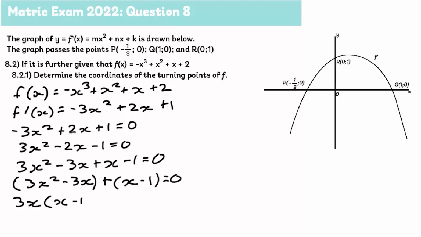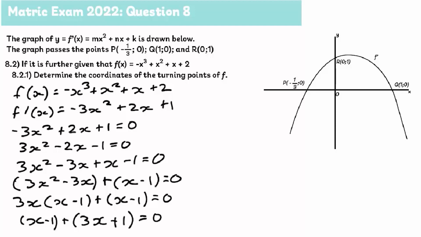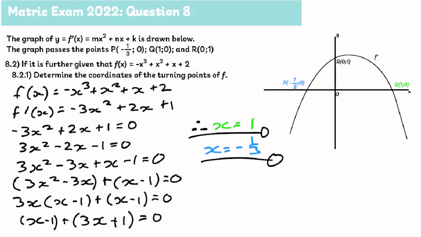We're left with x minus 1 plus x minus 1. Group again, and we get (x minus 1)(3x plus 1) equals 0. Let's work out what x is, and therefore we can say x is equal to 1, or x will equal minus 1/3.